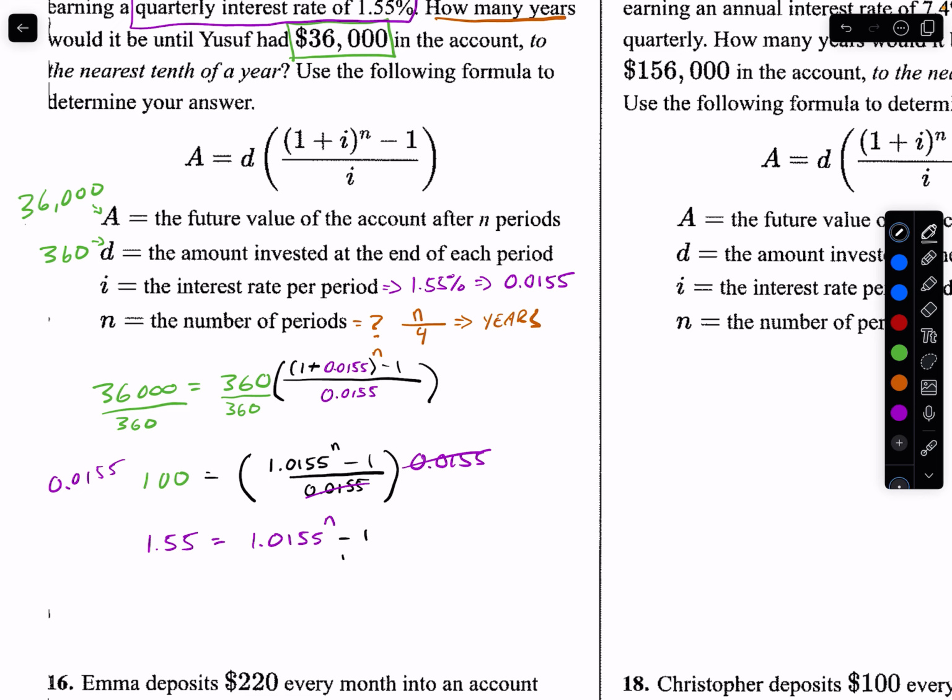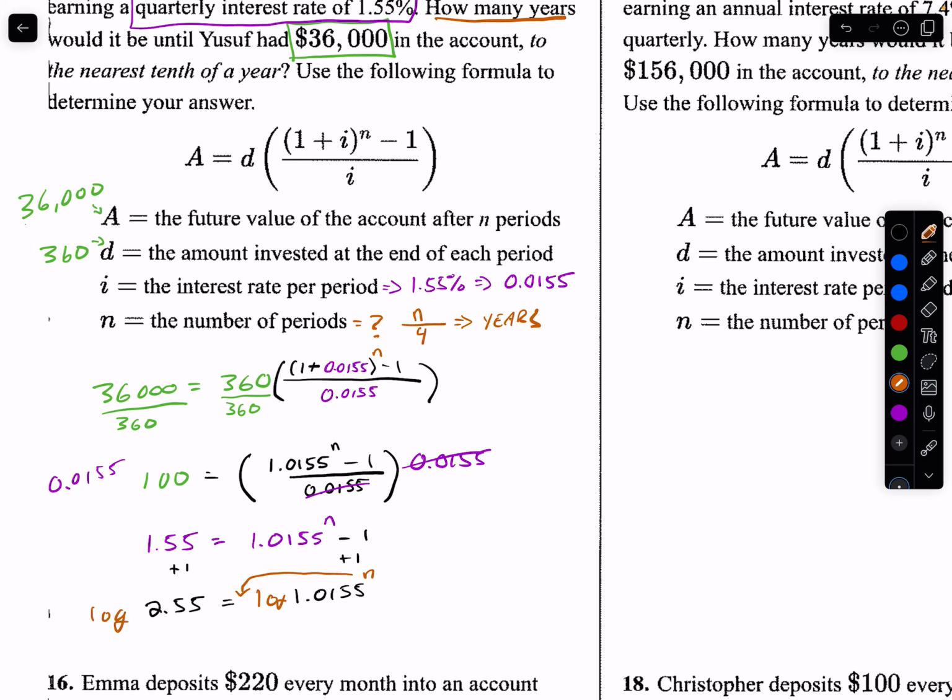Now you should understand that we do have a variable as an exponent. So that means we're going to have to use logarithms to bring that variable down. If I take the log of this side, the log of this side, this n, I can just move down to the front.